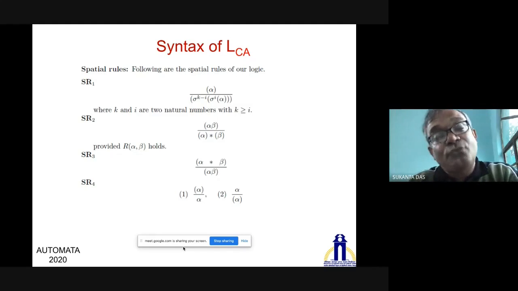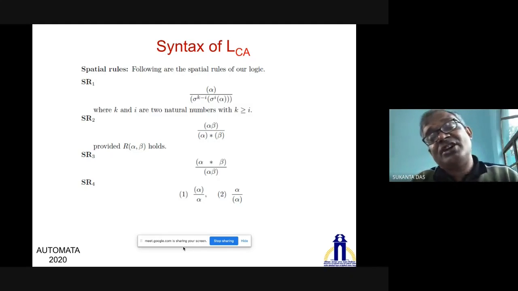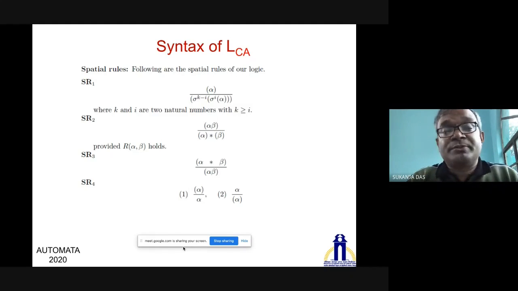And finally, SR4, there are two sub-rules. In SR4.1, if we get bracket alpha, then from bracket alpha, I can write alpha, and the reverse is also true. If alpha is given, alpha is a formula, then from alpha, I can write bracket alpha. So these four are spatial rules in our logic.